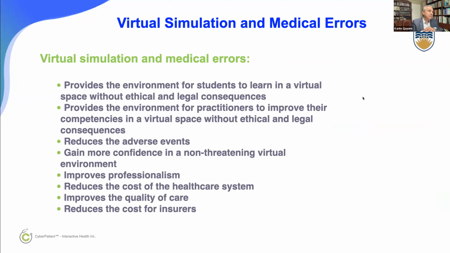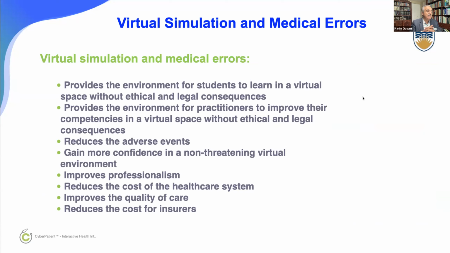Virtual simulation in relation to medical errors: it provides an environment for students to learn in a virtual space without ethical and legal consequences. It also allows practitioners to improve their competencies in virtual space without ethical or legal consequences.